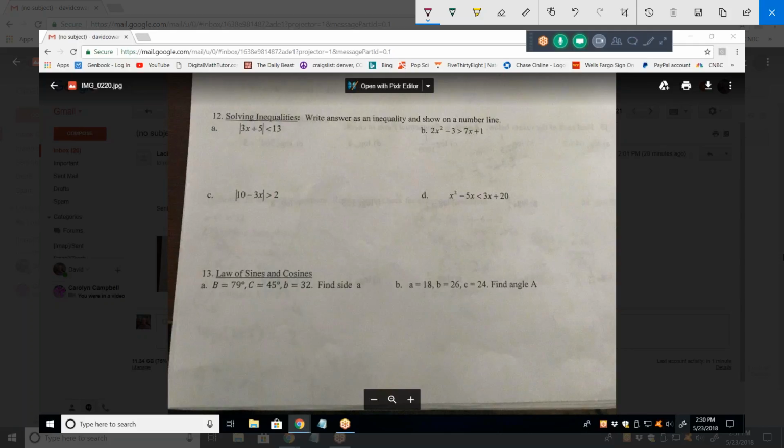It's got an x squared term, it's got an x term, and it's got a number. A quadratic? That's a quadratic. Well, these are going to be harder, but we're going to solve it basically the same way. We're going to get everything on one side, 0 on the other. So when I do that, I get this.